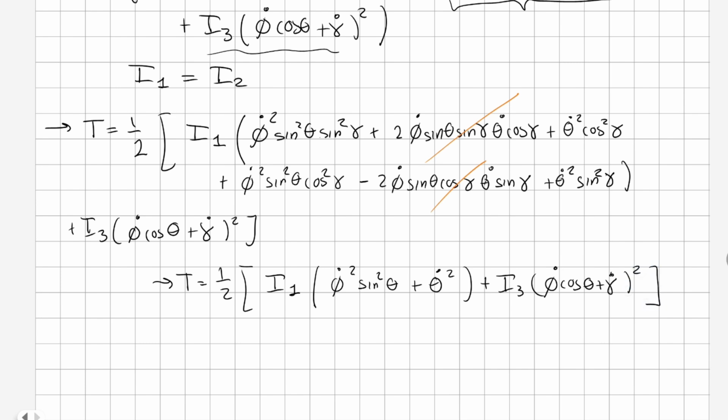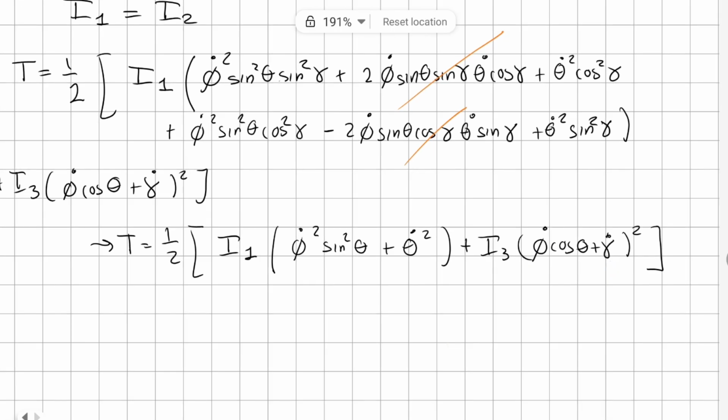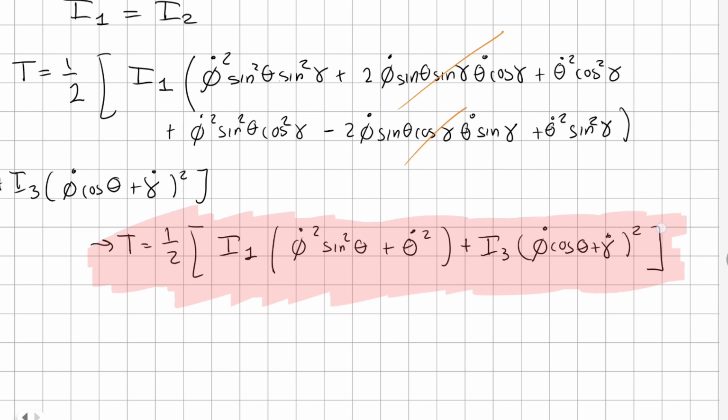Okay, perfect. This will be the final result of this lesson. It is the kinetic energy in terms of the Euler angles. Look that here, if we want to construct a Lagrangian, we can do it with this kinetic energy, and the generalized coordinates of the mechanical system now are phi, theta, and gamma.